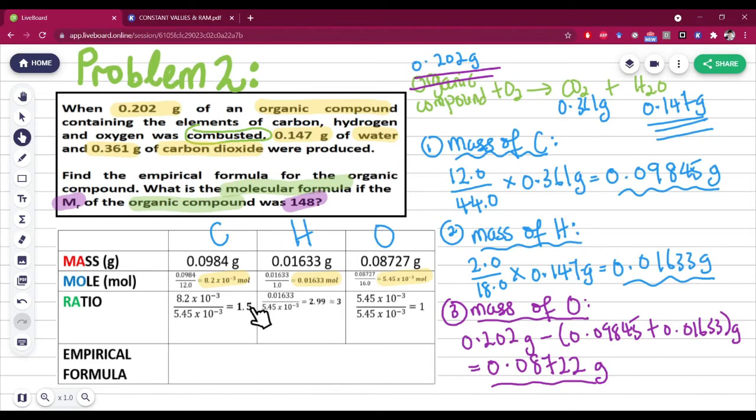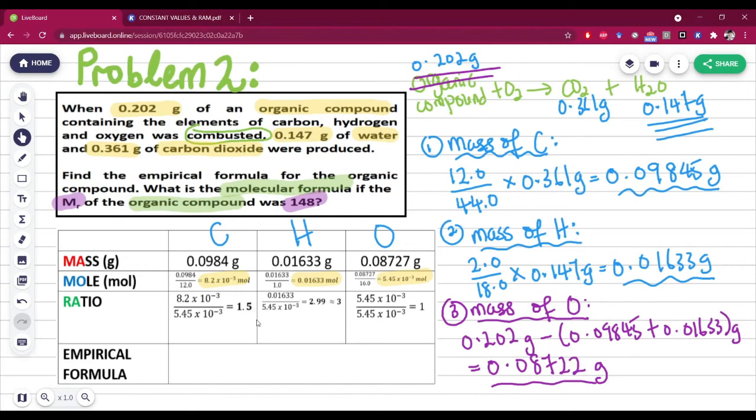But when you have 1.5 or 1.6 or 1.7 or maybe 1.4, 1.2, 1.3, you cannot round off those numbers. You can only round off 2.9, 3.9, 4.9, 1.1, 2.1. Those numbers can be rounded off.